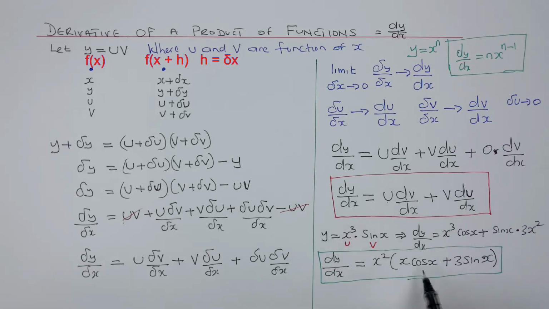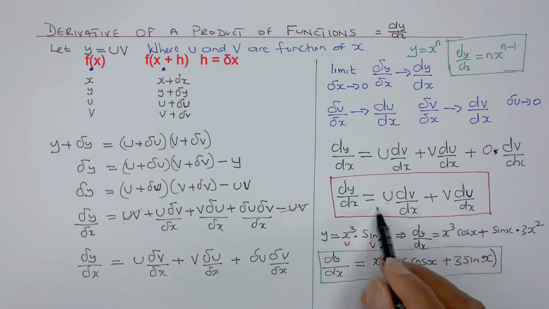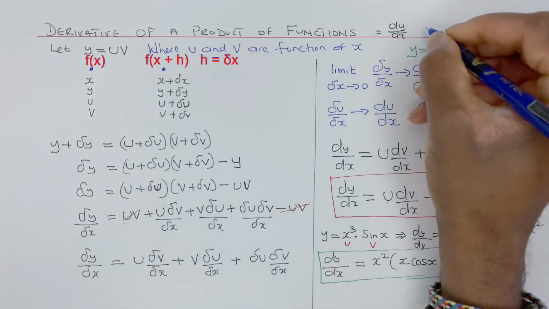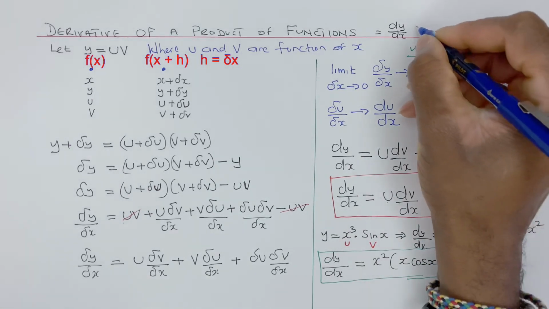So that's the answer for the derivative of x cubed times sine x. This is a product function, one function times another function, and to differentiate them you have to use the product rule.